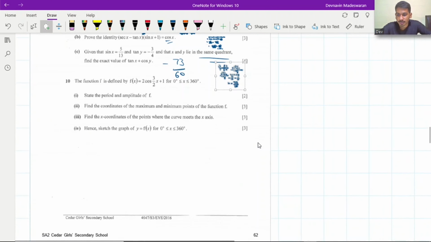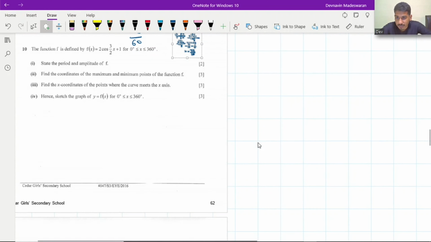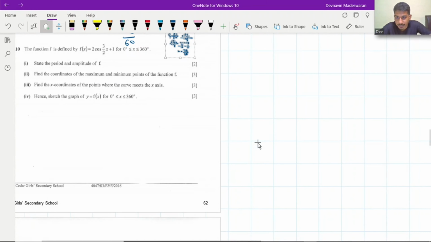Okay, next one. We're going to try 10. State the period and the amplitude. The amplitude is 2. And the period is, okay, so 360 is the thing. So we're in degrees. So it's going to be 360 divided by this thing. The frequency is 3 over 2.